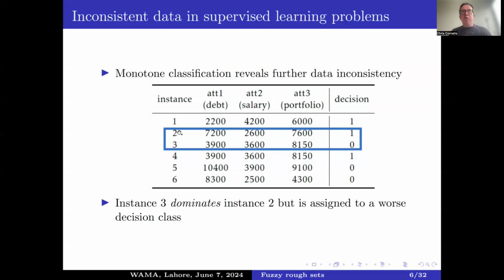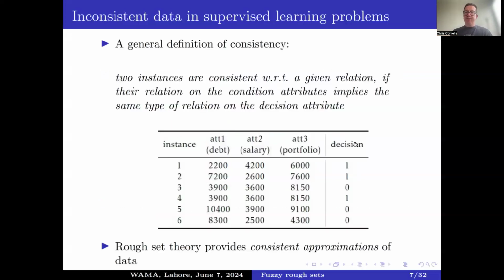But in this case, if we look at number 2 and number 3, we can see number 2 has a higher debt, lower salary, lower portfolio, so he scores worse on all the conditional attributes, but still he got the loan, while number 3 didn't get it. So in this case, we also say that number 3 dominates instance number 2, but the class of number 3 is still worse than what number 2 obtained.